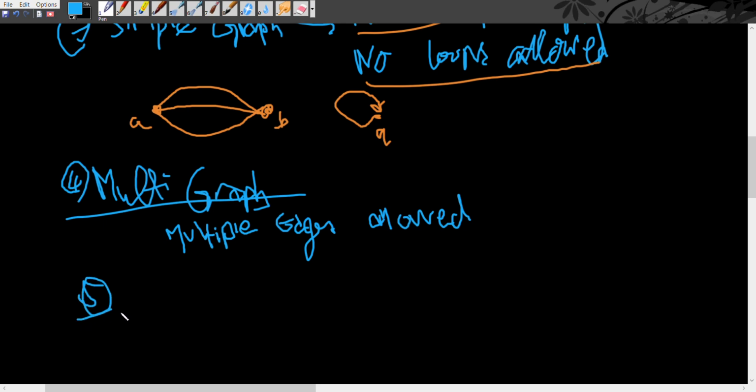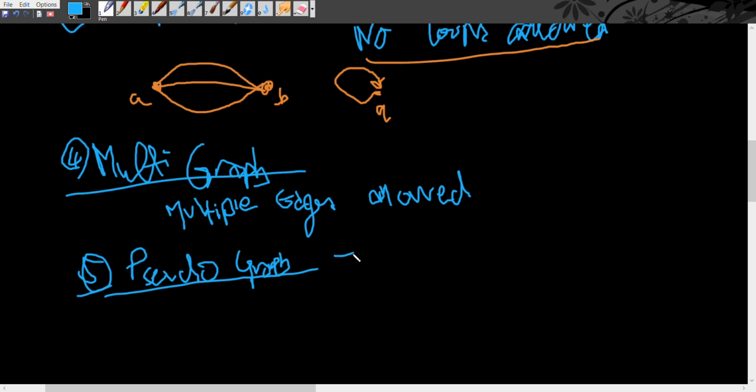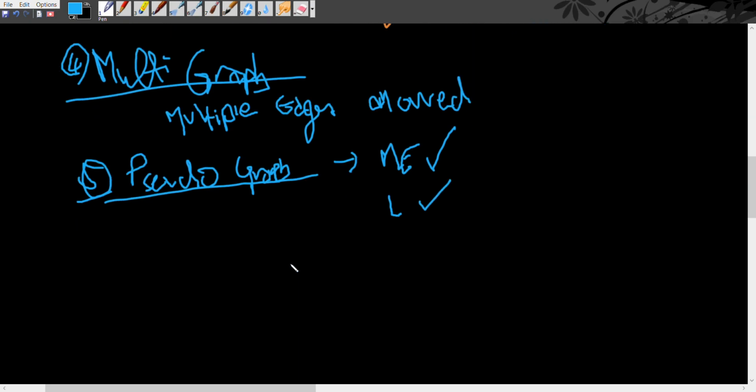A pseudograph is the complete opposite of a simple graph, that is a graph in which you're allowing multiple edges as well as loops. So for multiple edges, they are allowed. Also for loops, they are allowed. So that's the basic types of graph that you encounter.